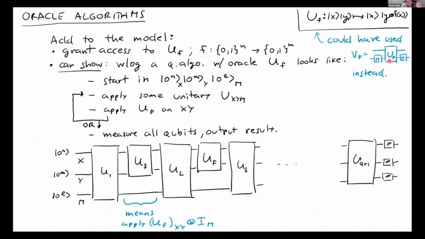Okay. After all, it only differs from the U_F operator by a basis change on some subregisters. And this basis change can, of course, just be absorbed into the unitaries of the actual algorithm, right? So that things cancel out and you get exactly the same overall unitary being applied. Okay, so those two things are equivalent.